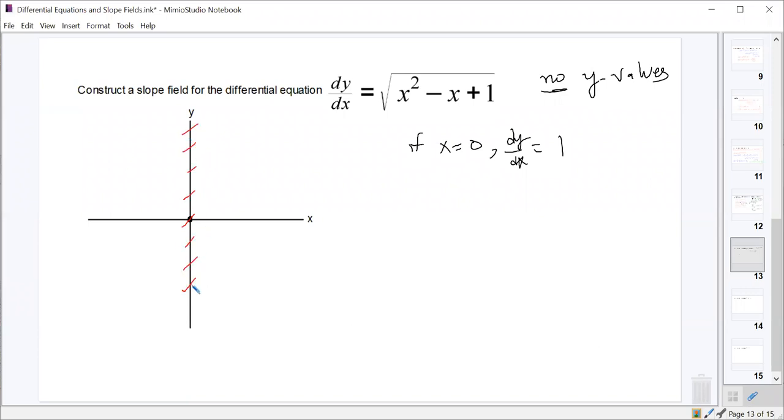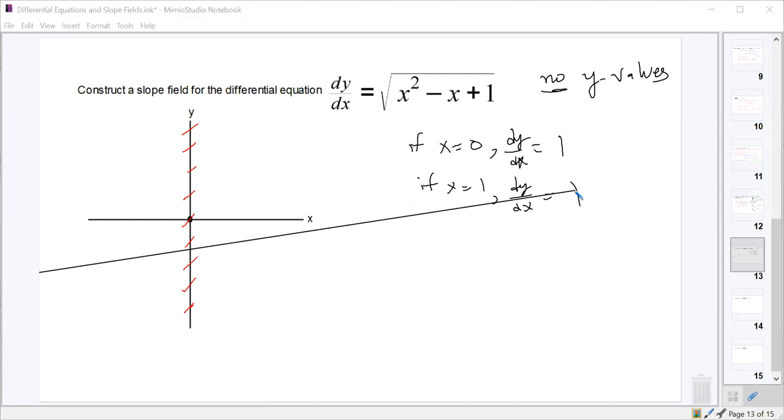What about when x is 1? What does dy/dx equal? 1, right? Still 1.